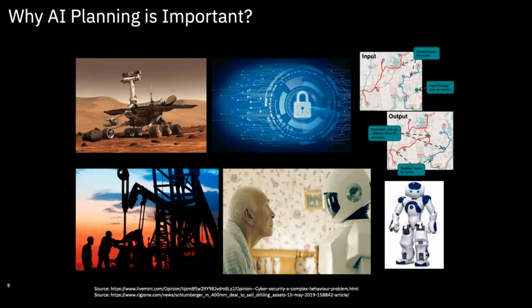For example, NASA uses AI planning in the Mars rover, Schlumberger uses AI planning in automating the drilling process, and IBM uses it in many applications, as I mentioned before. Note that several of these applications are not your typical initial state goal classical planning problems, but planning is nevertheless used. The key there is this transformation or compilation step that enables the use of planning in those settings.